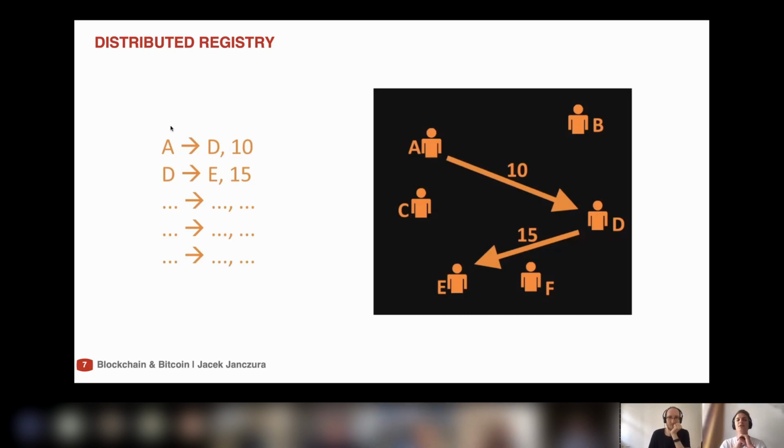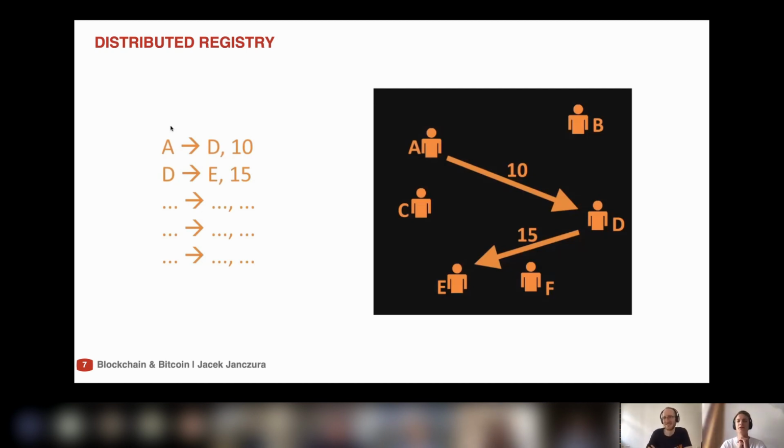What is a distributed registry? Please imagine a group of friends. In this case, there are 6 friends, and all of them have a piece of paper, or rather a notebook with multiple pages, and each of the friends is shouting the transactions they are doing between each other.